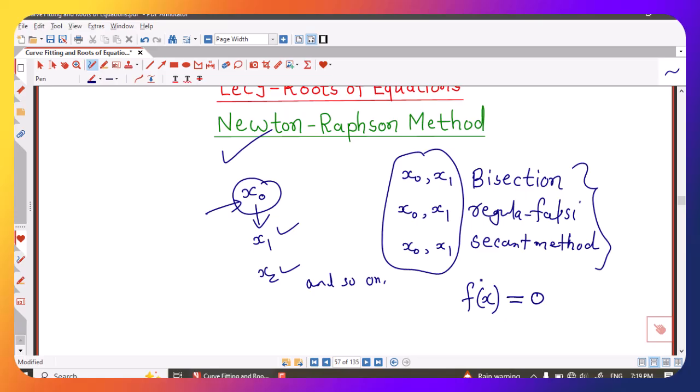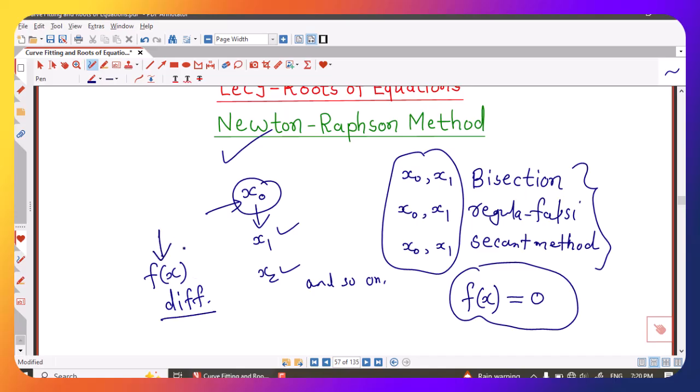Suppose we want to find the root of a nonlinear equation f(x) equal to 0 using Newton-Raphson method, then we must have this function f(x) differentiable. That is, f dash x exists, and this first derivative is required to be continuous. So that is the assumption in Newton-Raphson method.